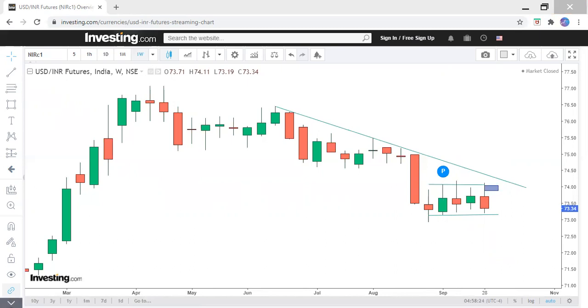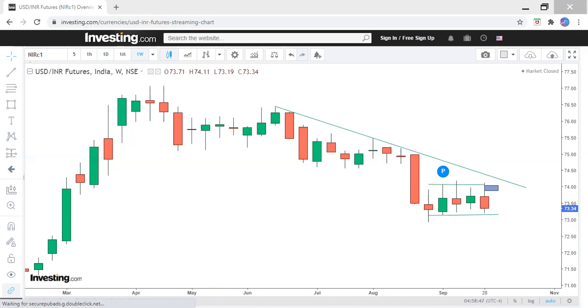Why did I add the 72 call writers analysis? That's because 72 call writers have had 82,000 open interest since day one of this trading session. And if we see last month's figures, 72 call writers were very active with 90 to 98,000 open interest.